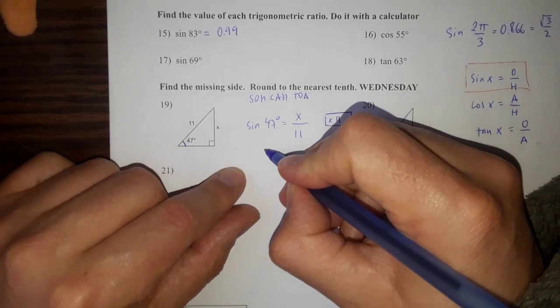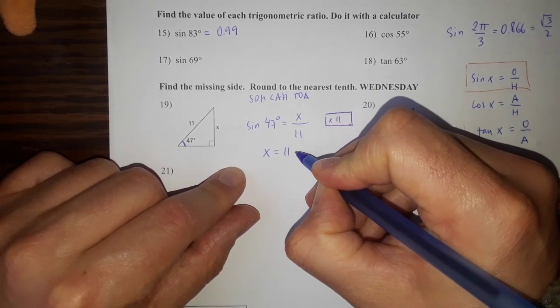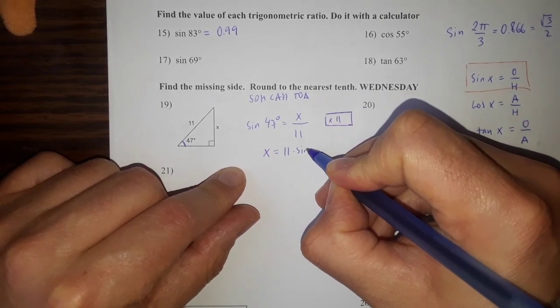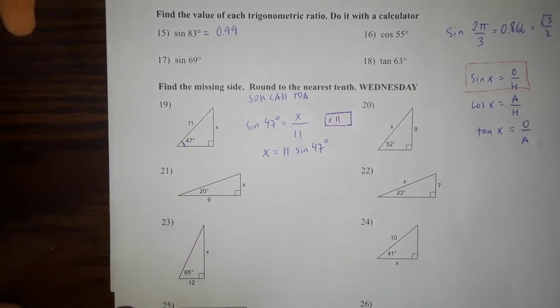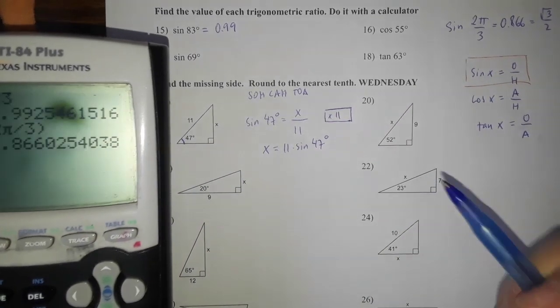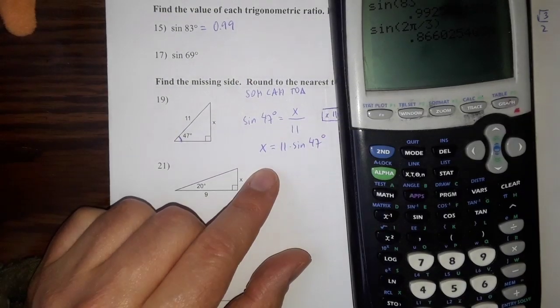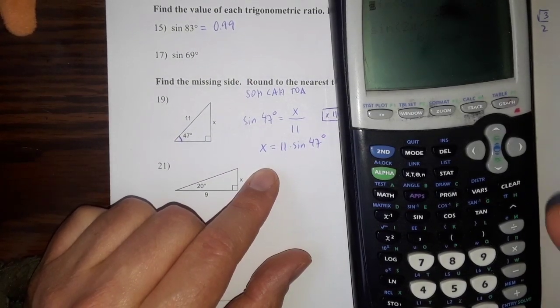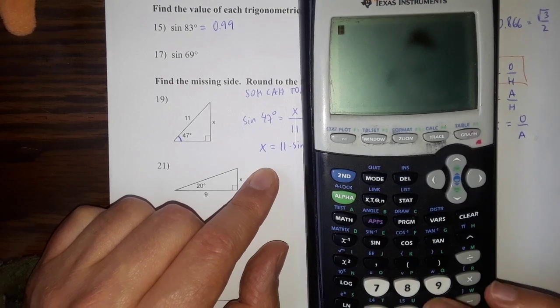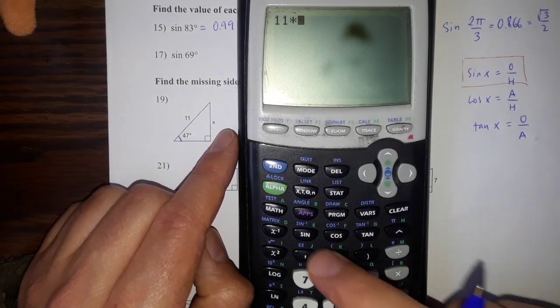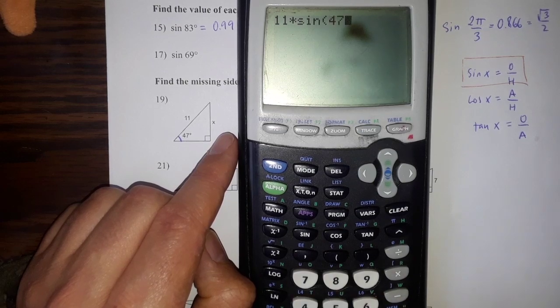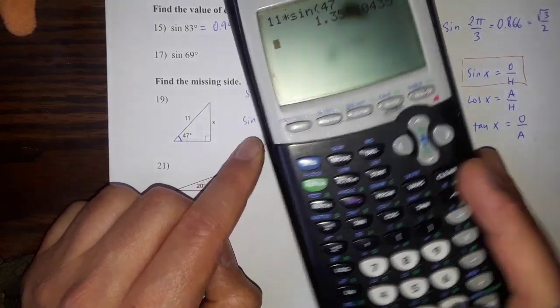What we have is x equals 11 times sine of 47. Okay, and then we just use the calculator to do this. It's 11 times sine of 47. It's 1.35.